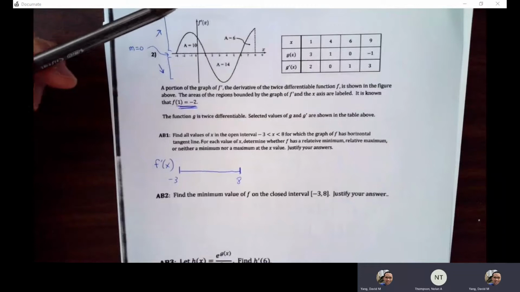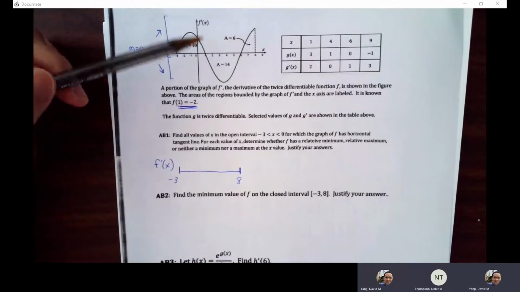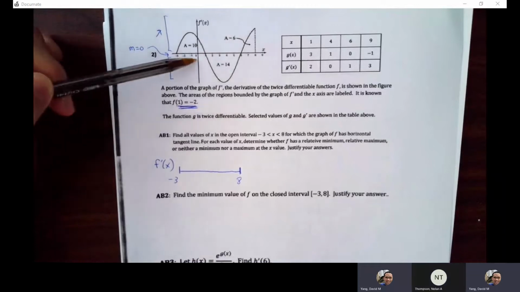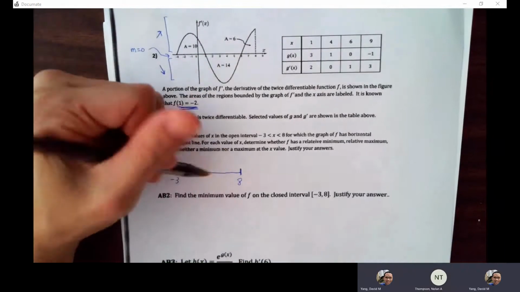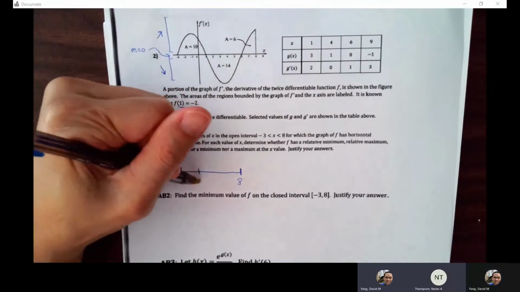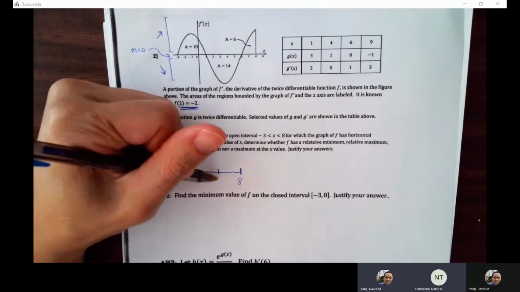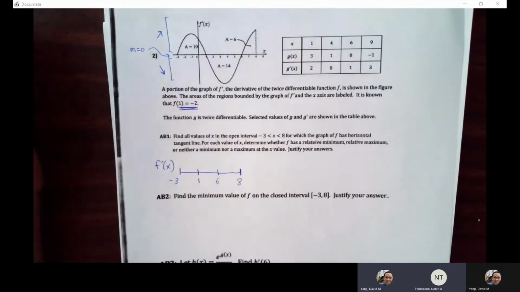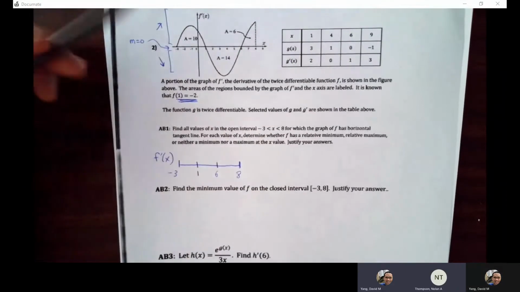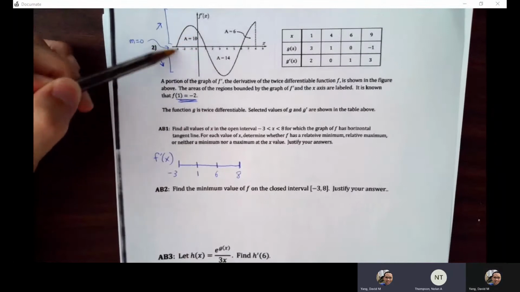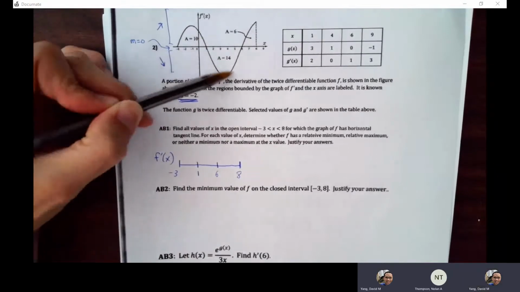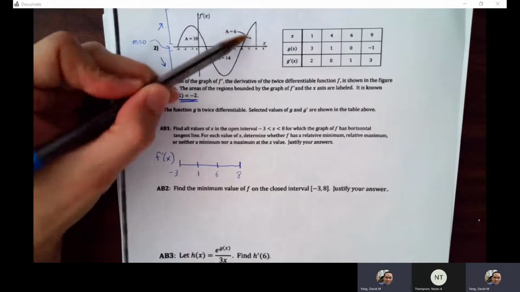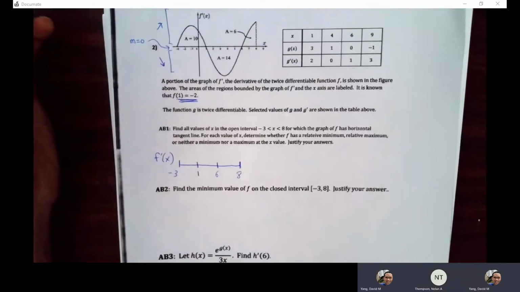Critical points are simply going to be where our x-intercepts are, so 1 and 6. Positive slope for the first region, negative slope for the second interval, and positive slope for the third interval.